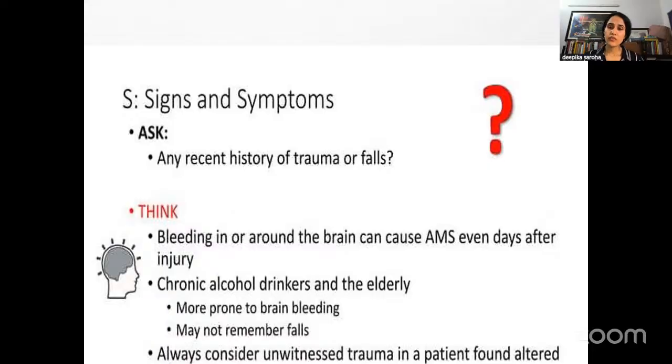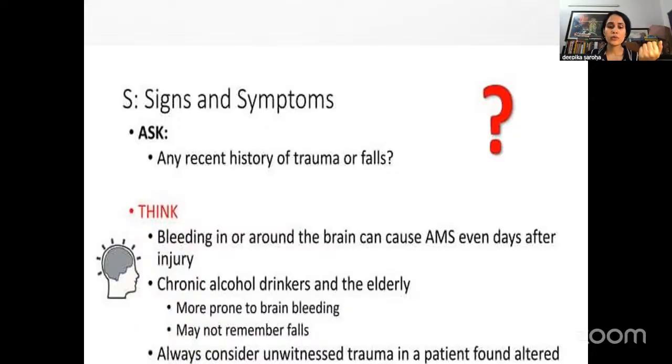So just a subtle fall while taking a bath in the washroom, they just fell down. They might just have this history, and eventually they come to you with intracranial bleed, large massive bleed, with just the altered sensorium, with or without weakness itself.